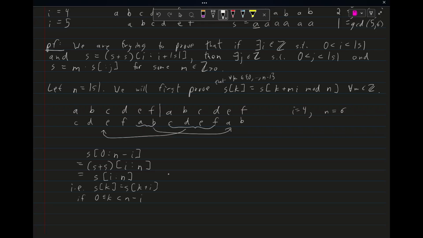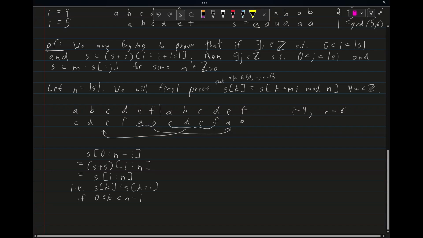Okay, so that takes care of that. That's what we know about AB. Basically, what this says is that the substring AB is equal to the substring EF, which means that A equals E and B equals F.